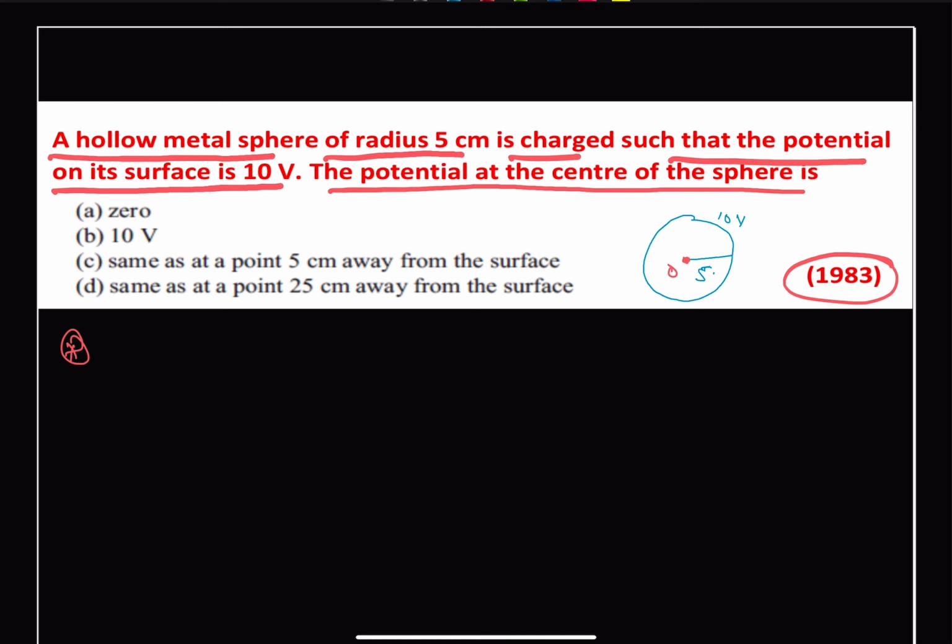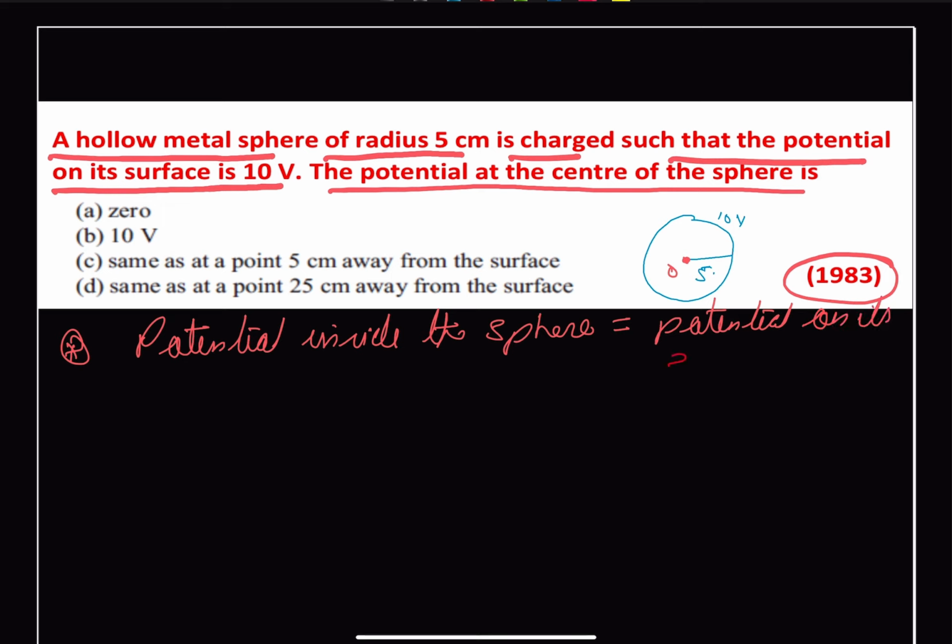So you can say the potential inside the sphere is equal to the potential on its surface, and which is basically our 10 volt.